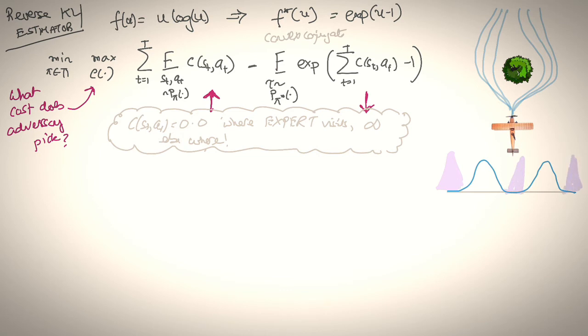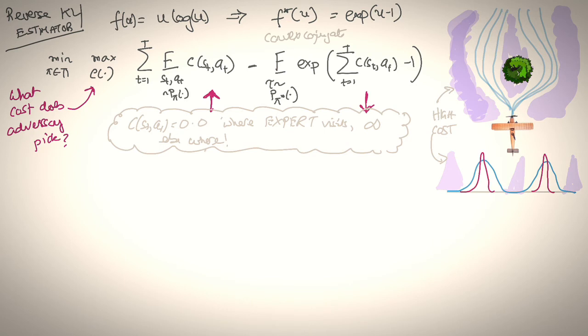You can see this by the purple shadings. It's like a force field that keeps the learner locked inside the expert support. As long as the learner is inside the expert support, it pays no cost. And as a result, it's never incentivized to leave the expert support. So you see trajectories either going to the left of the tree or to the right of the tree, never in the middle and never on the sides.